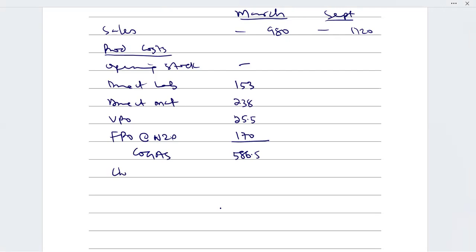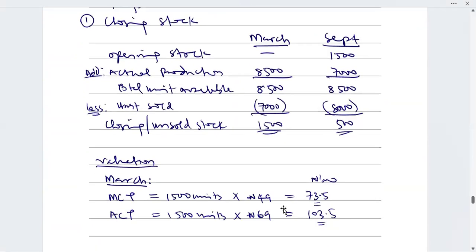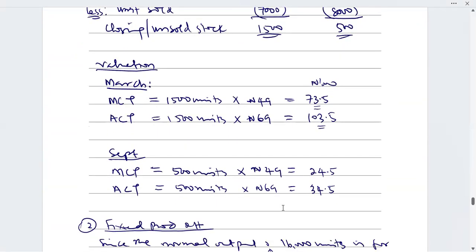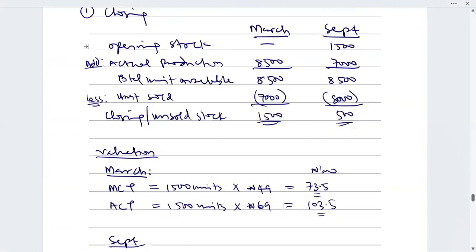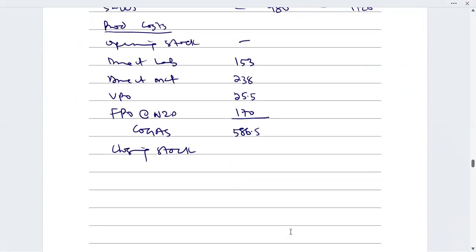Less the closing stock. We've already done the working for our closing stock, so I'll pick the number. Closing stock in March, ACT, is 103.5. What's the difference? 483.